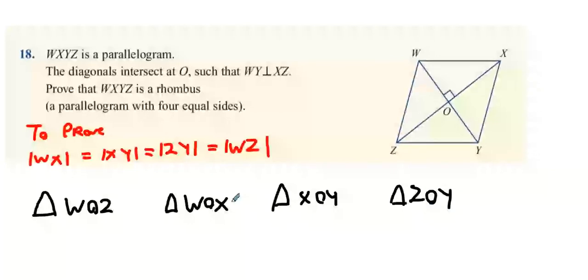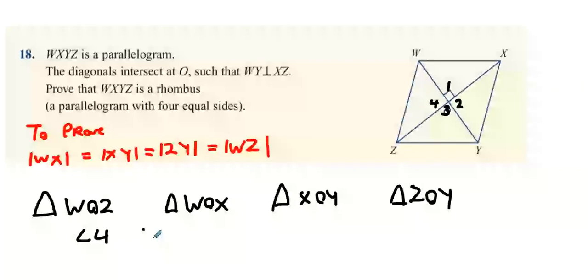Now, let's do this quickly, all right? Angle 1 equals angle 2 equals angle 3 equals angle 4. They're all 90 degrees, aren't they? And the other reason is they're also vertically opposite, and they're in straight angles, aren't they? So what can we write here? WOZ, that's angle 4, isn't it?